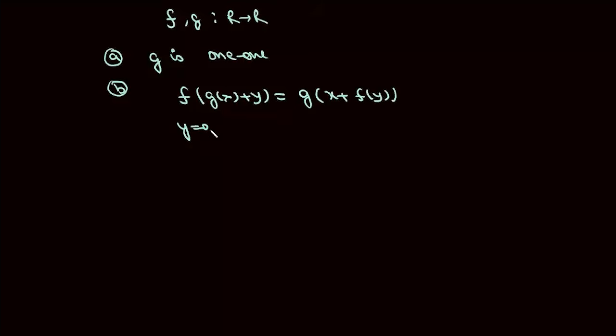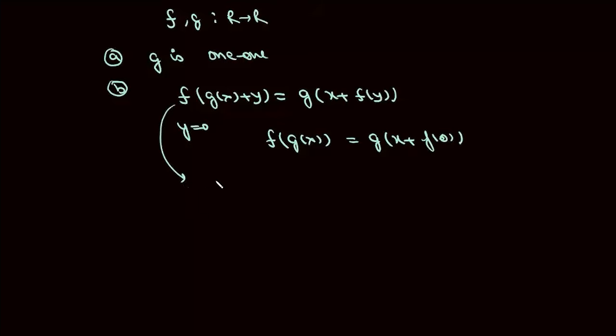Now in this, if we put y as 0, we'll get f(g(x)) will be g(x + f(0)).